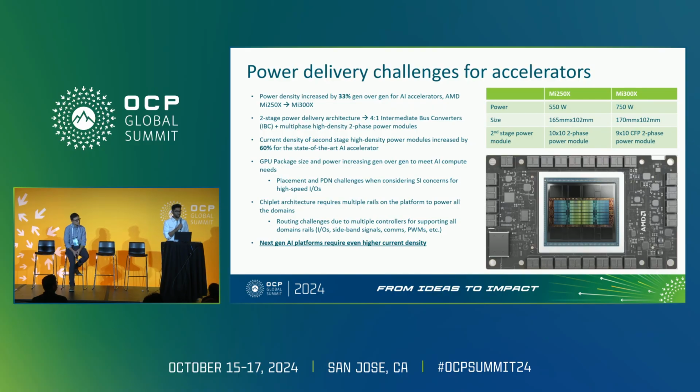That makes the power delivery design even more challenging. Having said that, for the upcoming AMD AI platforms and the next generation of AI platforms, even these 9 by 10 two-phase power modules cannot meet the current density requirements.